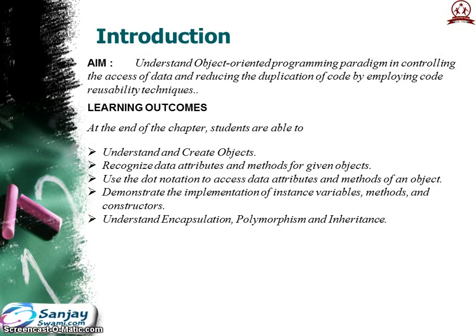At the end of the chapter, students will be able to create objects, recognize data attributes and methods for given objects, use the dot notation to access the data attributes and methods of an object, demonstrate the implementation of instance variables, methods and constructors, and understand encapsulation, polymorphism, and inheritance.